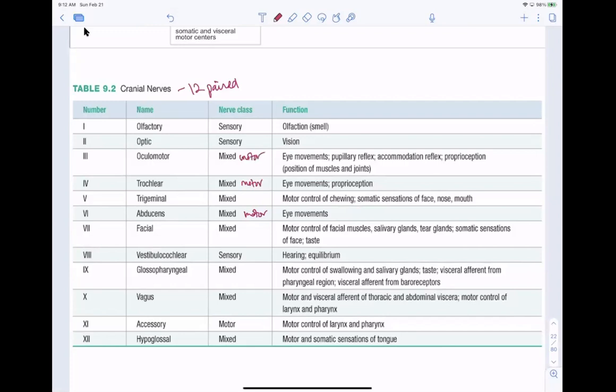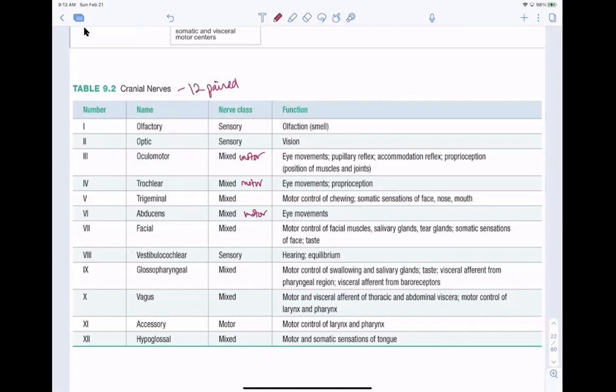When you're dealing with balance and equilibrium, yes, there is some proprioception, but this nerve is working with that system. So don't get confused when the anatomy book will term the abducens as pure motor, controlling the eye muscles. And for some reason, this book has them as mixed, but you don't need to worry about that.